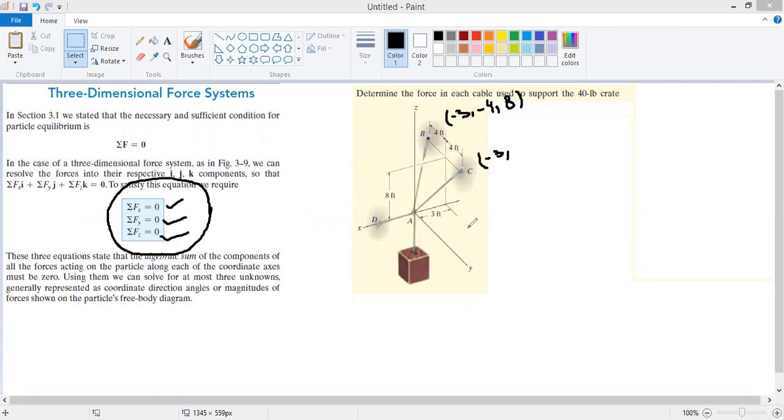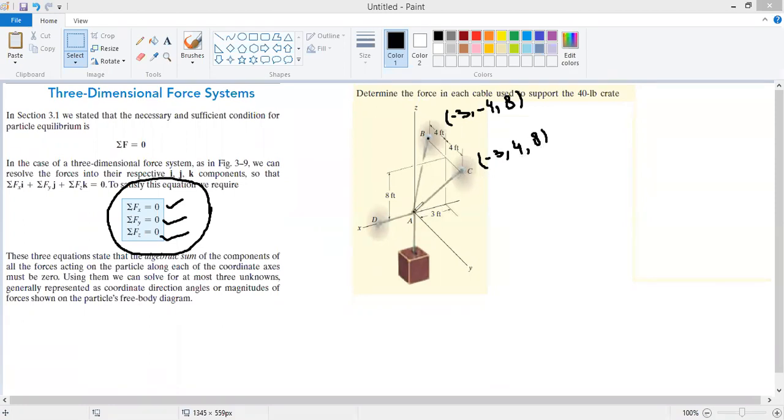As far as the y coordinate is concerned, the y coordinate is +4. And as far as the z coordinate is concerned, the z coordinate is again 8. Okay. So -3 feet, 4 feet, and 8 feet are the coordinates of this point C.